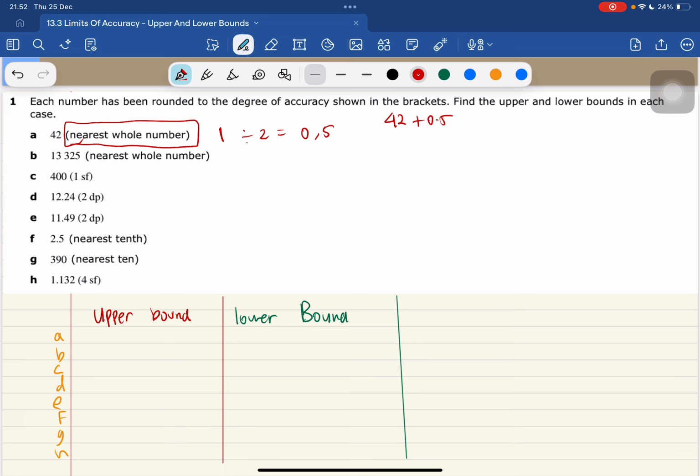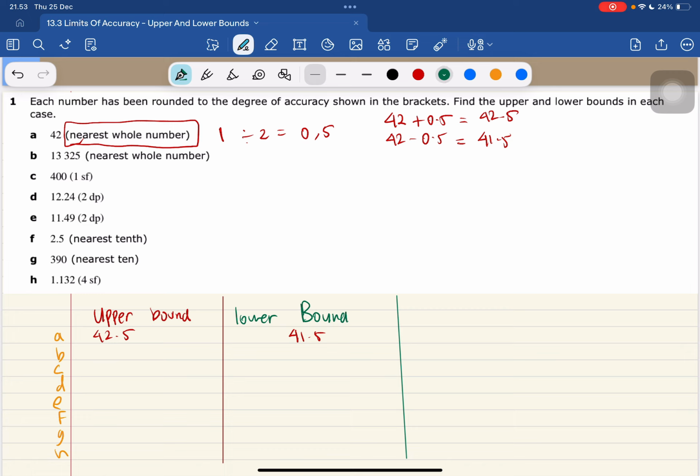However, to find the lower, we make it 42 minus 0.5. So the upper is 42.5, and the lower is 41.5. Let us write it here: the upper bound is 42.5, and the lower bound is 41.5.